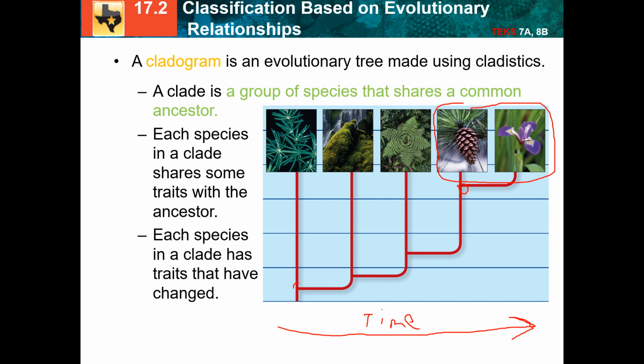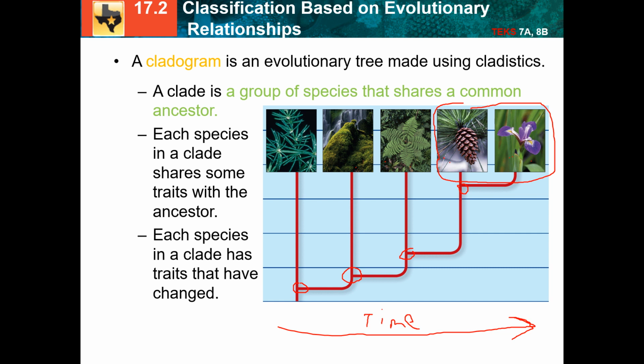Right here, this would be the common ancestor that all of these organisms shared, all these plants. And then once you get right here, this is the common ancestor that these four plants shared. This is the common ancestor that these three plants shared. This is the common ancestor that these two plants shared. A clade is referring to a group of species that share a common ancestor.